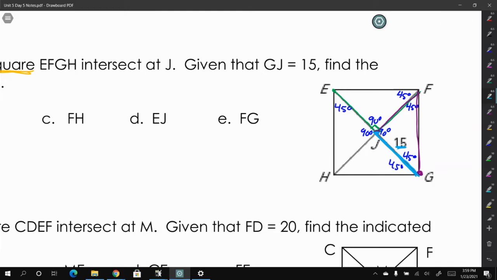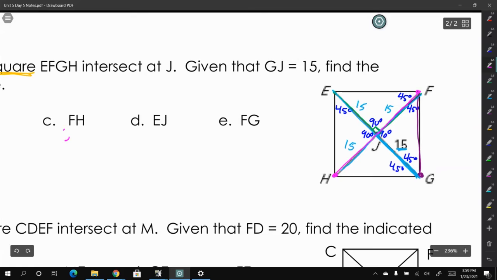Well, because this is a square, it has the properties of the rectangle and the parallelogram, where all of these shorter diagonals, or parts of the diagonals, are 15 units long. So FH goes from here all the way down there, so it'll be 15 plus 15, or 30.